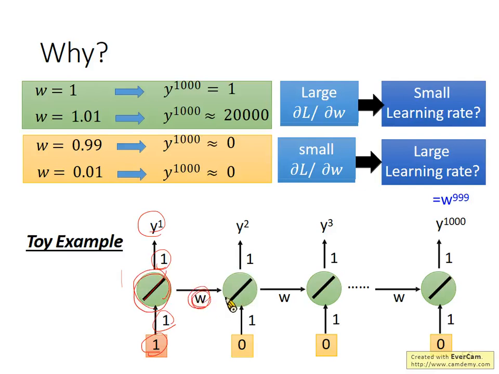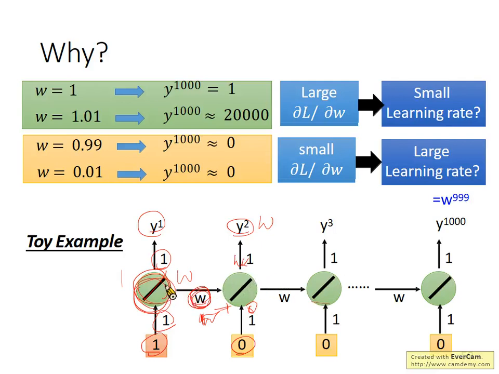At the second time instance, the input value is 0, multiplied by 1, we get 0, and we add w. Actually the memory value is multiplied by a parameter w here, so 0 plus w, and then we get y2 as w, and so on.